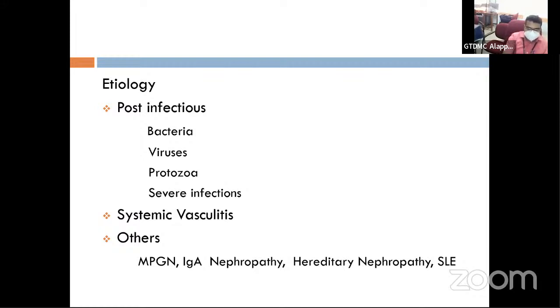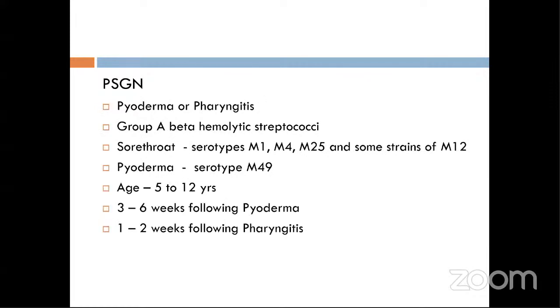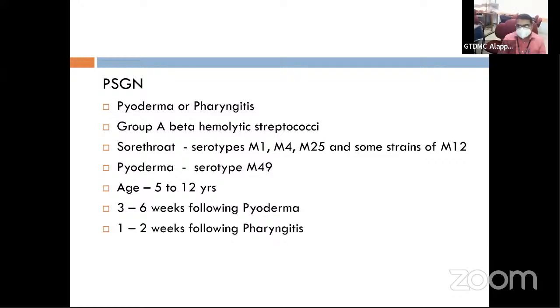Today we are going to discuss the commonest condition causing glomerulonephritis or nephritic syndrome in a child, which is post-streptococcal glomerulonephritis. Now about PSGN proper. PSGN usually follows a skin infection, pyoderma, or a throat infection, streptococcal pharyngitis.